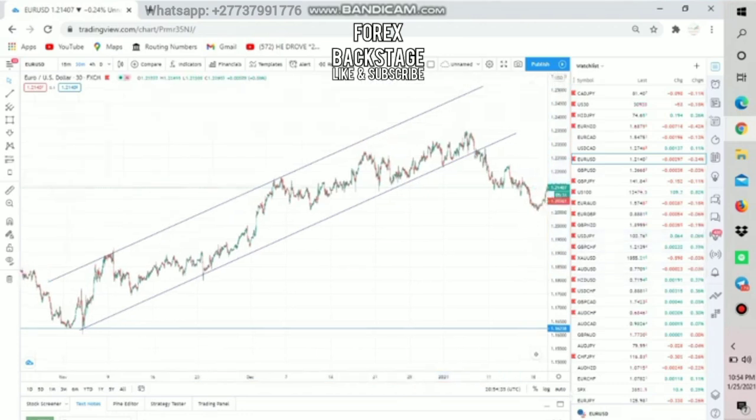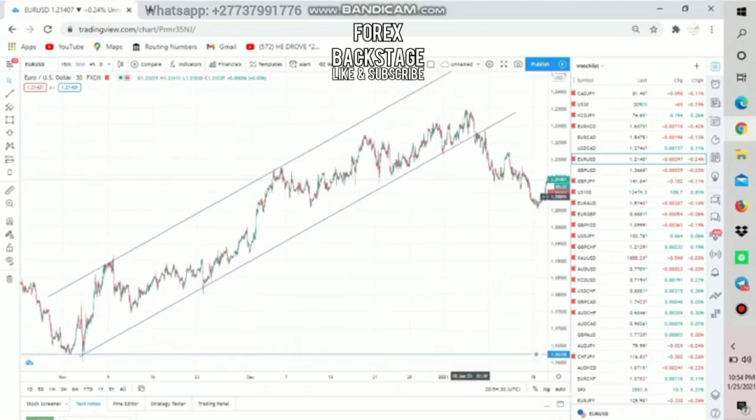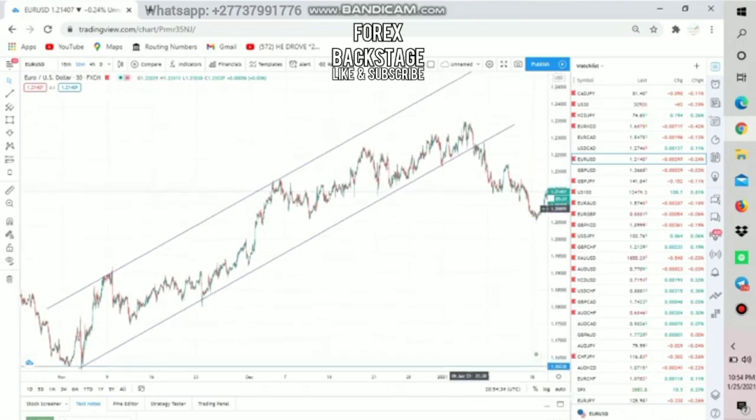Since the market is trending upwards from so long ago, last year to this year, it means that we must only look for buys. According to my strategy, to make it like 70 to 80% accurate, I must look for buys.